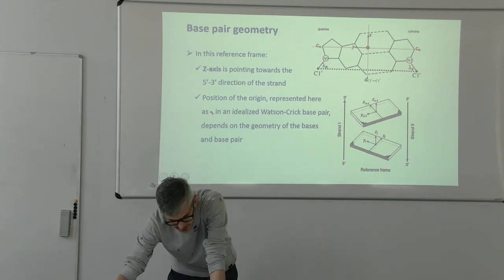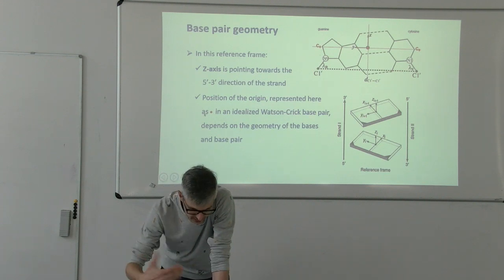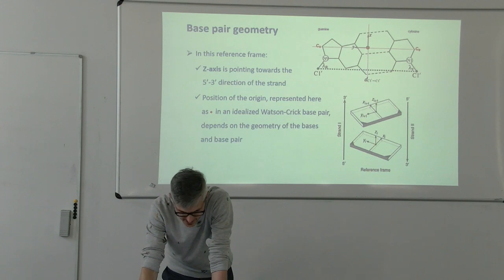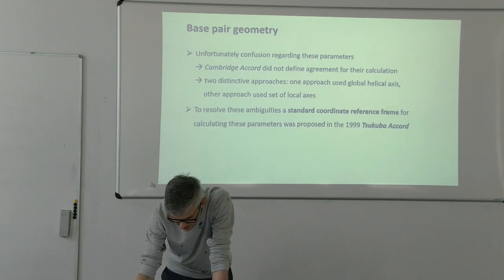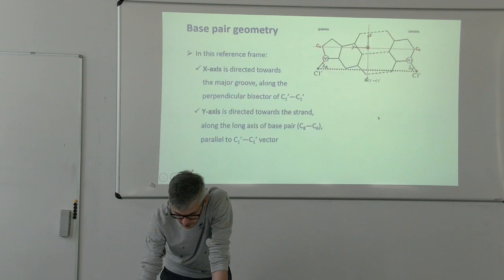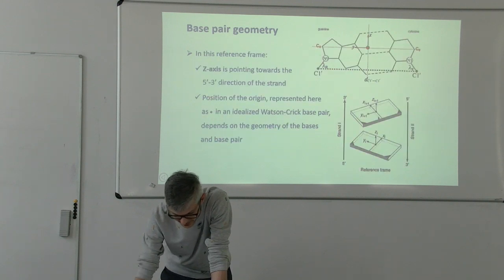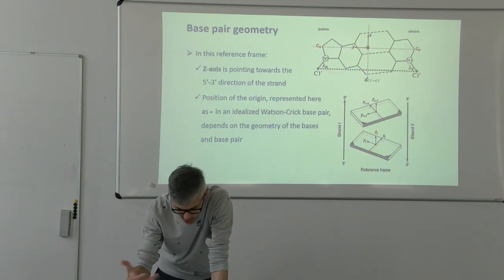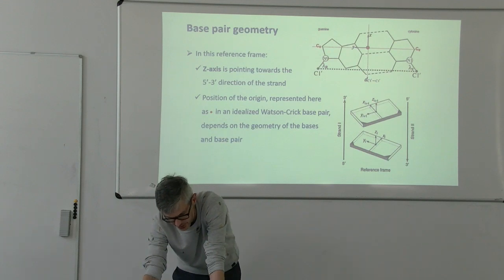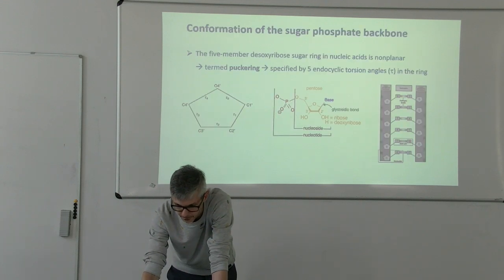And then you have the central position, the origin, shown here by the red dot. If everybody uses this same reference coordinate frame, then we are all talking the same language to describe how these nucleic acid structures look.